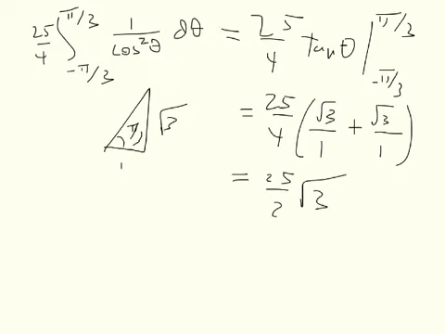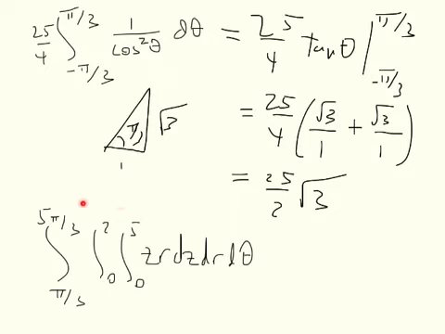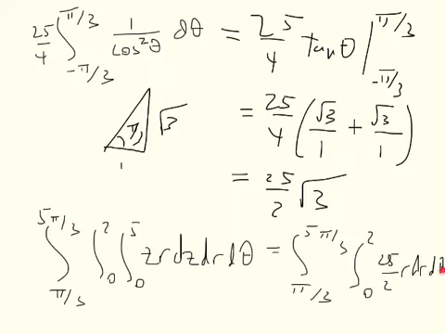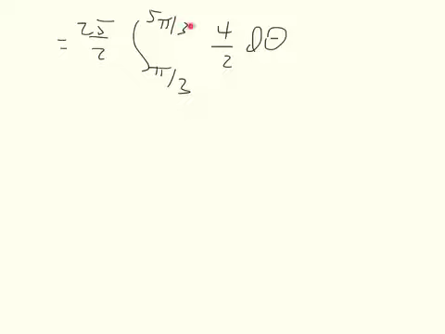And we still have to do that other integral to get the total mass. This second integral is a bit more straightforward because there's no interesting angle dependence in any of the bounds. We're going to get 25 over 2 from the z integral, multiplied by 1/2 r squared, which is 4 over 2, and then we just multiply by the total angle. So I've done the z integral, which gave us 25 over 2, and I've integrated in r, getting 1/2 r squared, which ended up being 4 over 2.